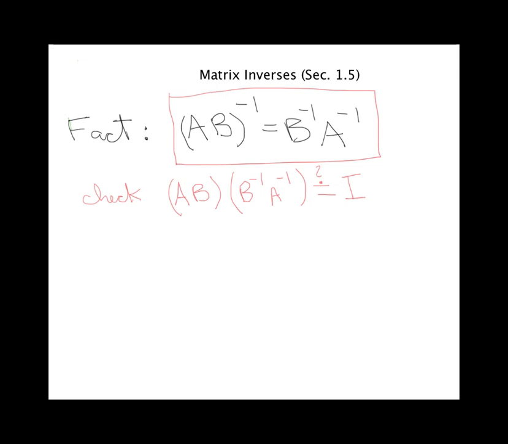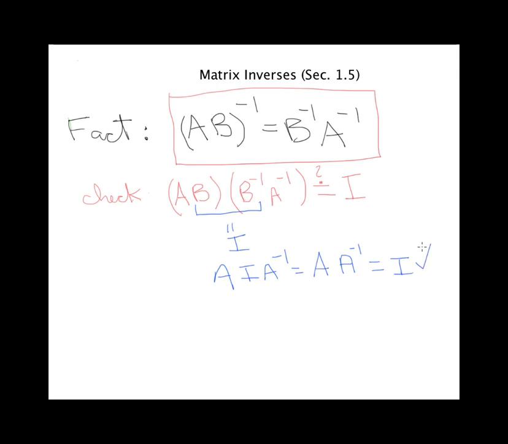Well, now things are in the right order. These two guys here give me the identity, and I get A times the identity times A inverse. And the identity times anything is itself. So you get A times A inverse, and A times A inverse is indeed the identity.